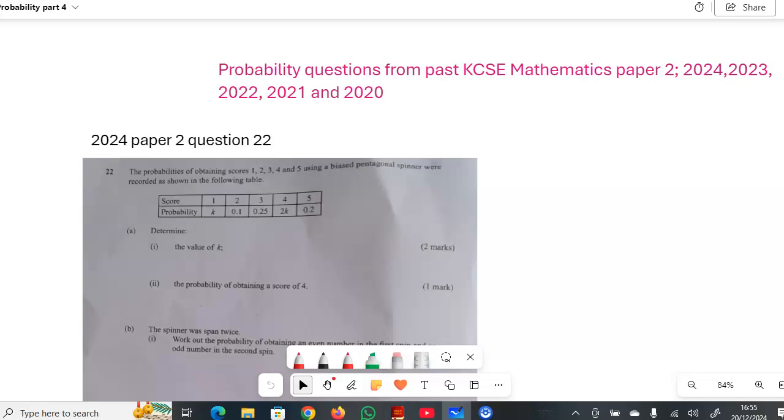That's where probability is usually tested. So we are going to deal with 5 of them: the year 2024, that is the current year as I'm recording, the 2023 question, 2022, 2021, and then the year 2020 question on probability. And we're going to start with the 2024 KCSE.